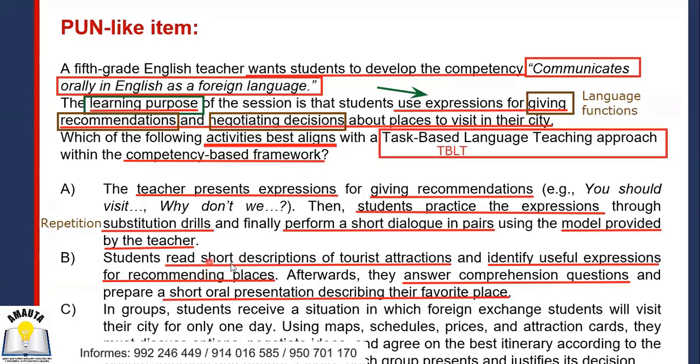If they read first, answer questions, and give an oral presentation, are students really improving their communicative skill here? Is there really interaction in one of the aspects or points in this activity? Think about it, please.